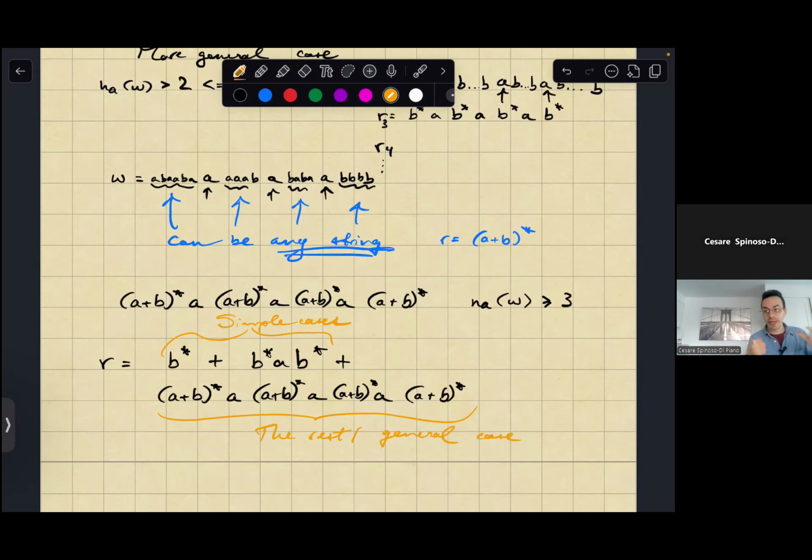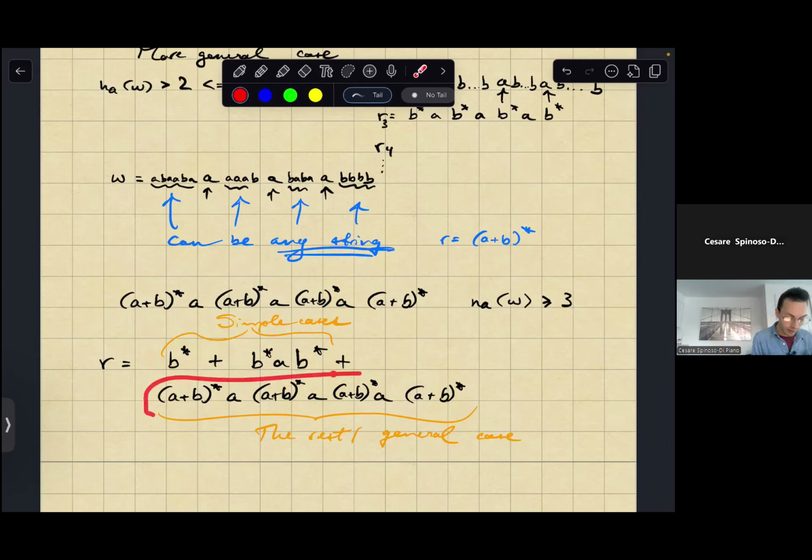And so another tip is that if it seems like you're only looking at simple cases and you keep plussing the simple cases, then it might be a problem, because that might mean that your regular expression is growing arbitrarily large, and you might need to find the general case that encompasses those simpler cases, right?